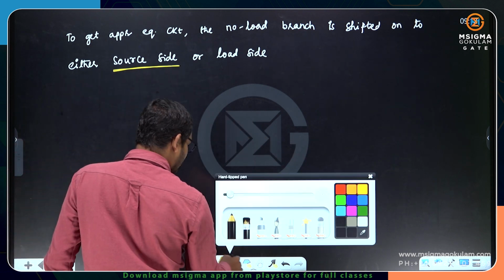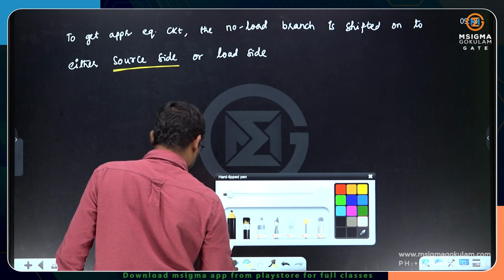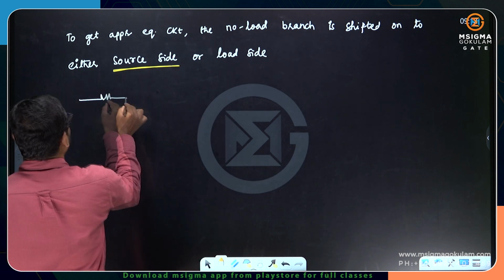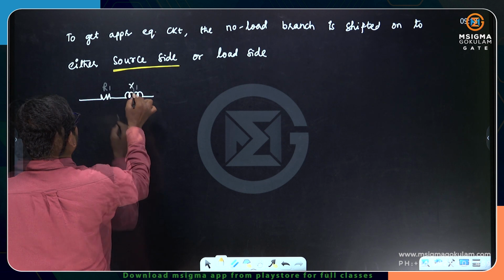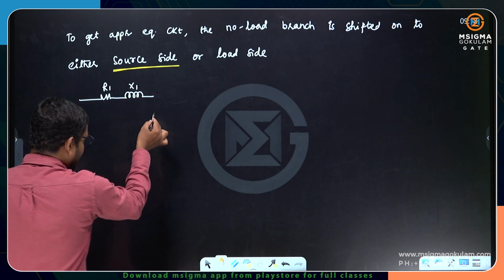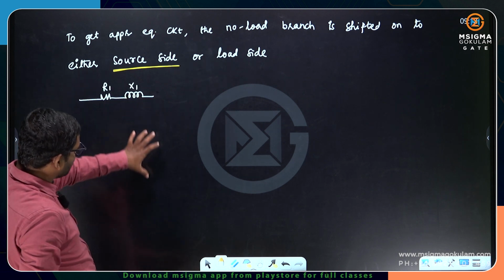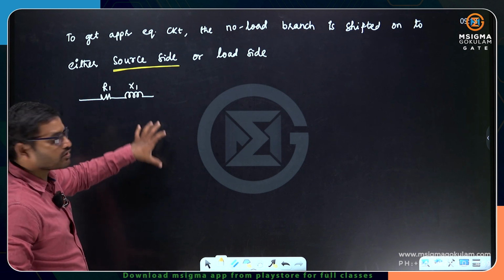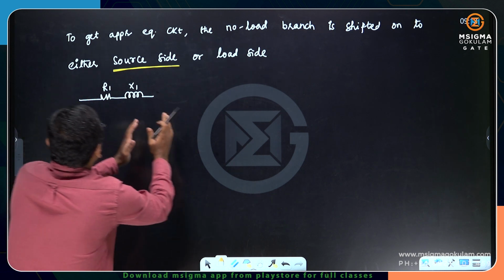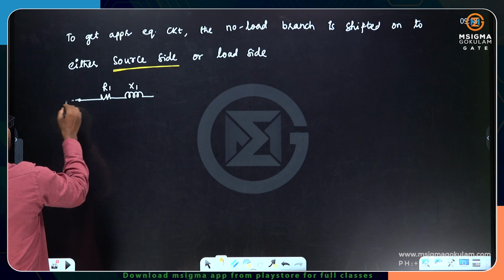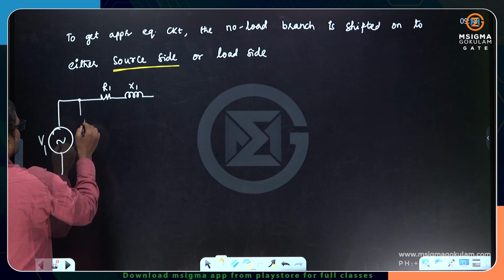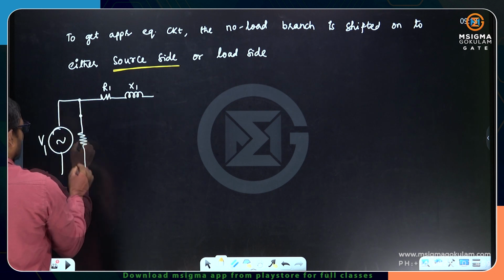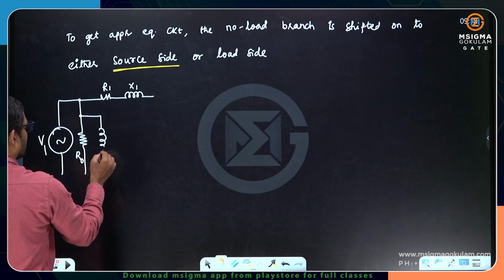So what is the equivalent circuit? Previously we got it like this: R1 and X1, and here we have the no load branch parameter. I don't want to draw the no load branch parameter here. I want to shift it onto the source side. So this is my source, and let me show you here R0 and X0.